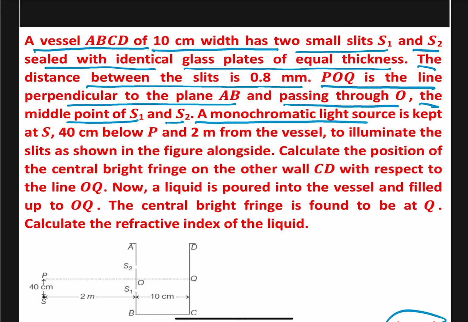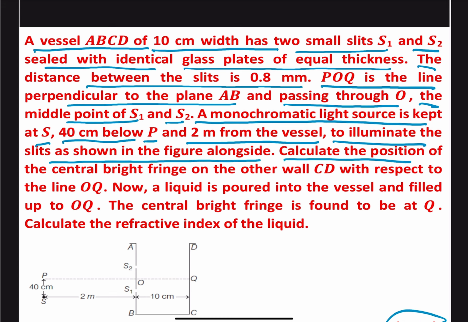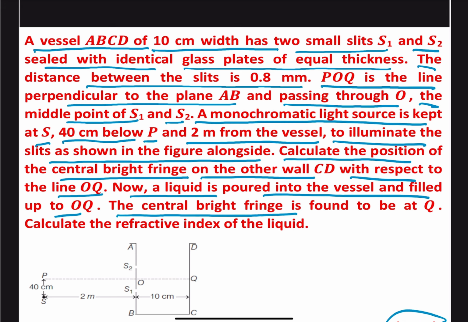A monochromatic light source is kept at S, 40 cm below P and 2 m from the vessel, to illuminate the slits as shown in the figure alongside. Calculate the position of the central bright fringe on the other wall CD with respect to the line OQ. Now a liquid is poured into the vessel and filled up to OQ. The central bright fringe is found to be at Q. Calculate the refractive index of the liquid.